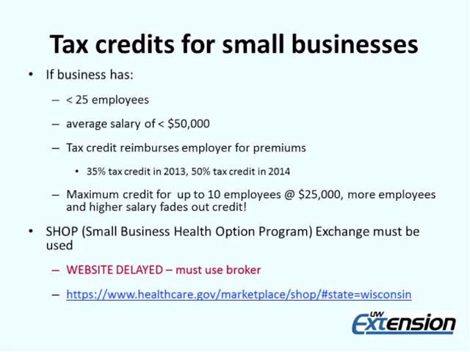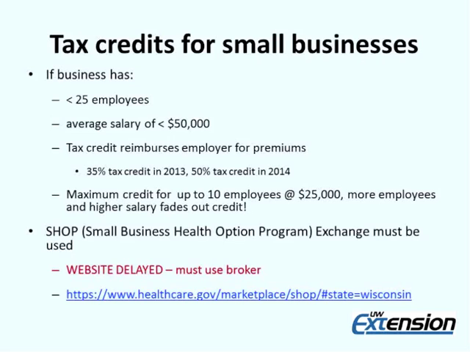But again, that's the maximum tax credit. The maximum credit you get is if you're in the ideal situation, and that is 10 employees that make an average of $25,000 a year. If you have more employees than that, as you go from 10 up to 25, and as your employees make more money, the tax credit starts to fade out.